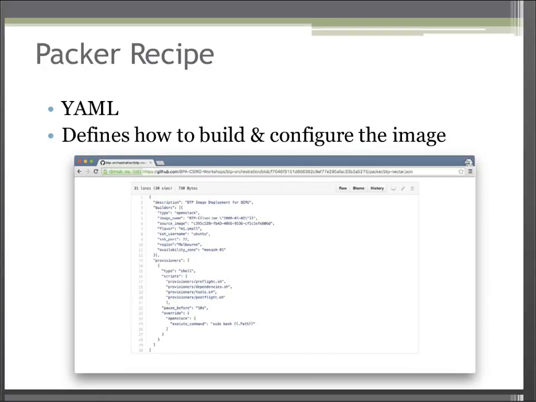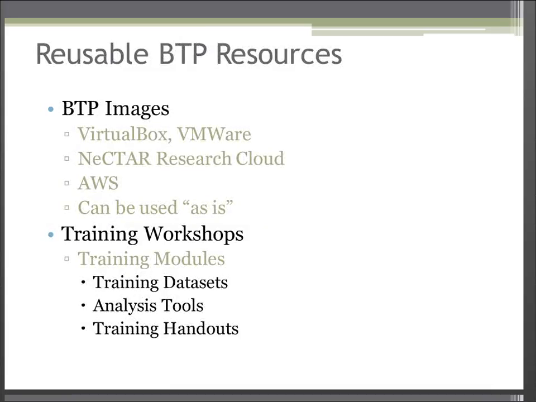So I'm just going to quickly provide a summary of the reusable resources or components for the training platform. Basically, all of the components are reusable. The image itself is created using Packer and using a build recipe that can be rerun, customized, and recreated depending on the requirement.